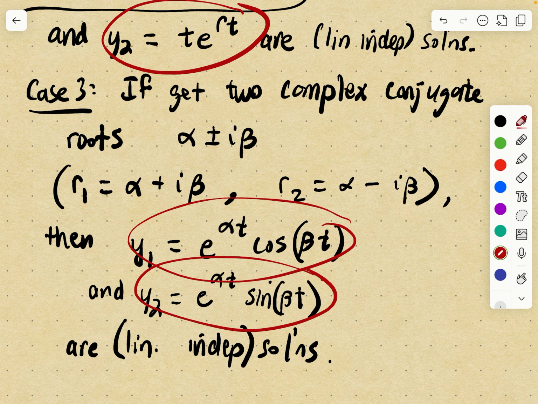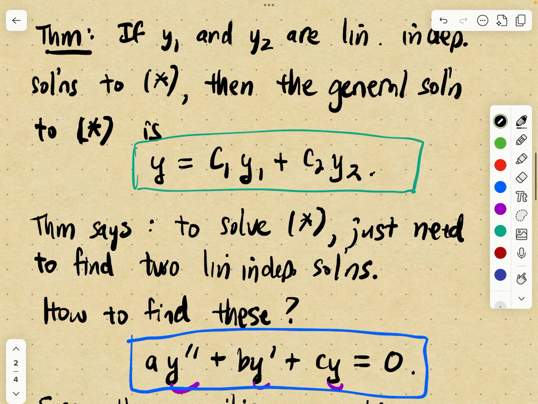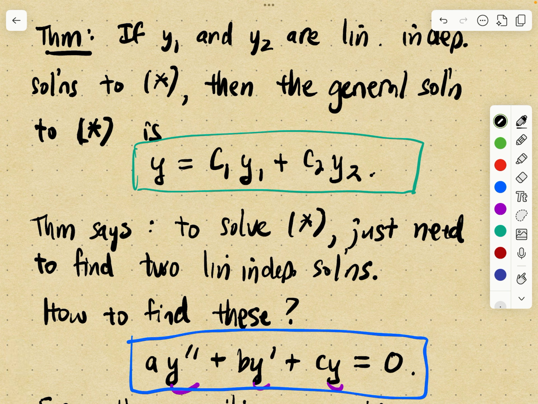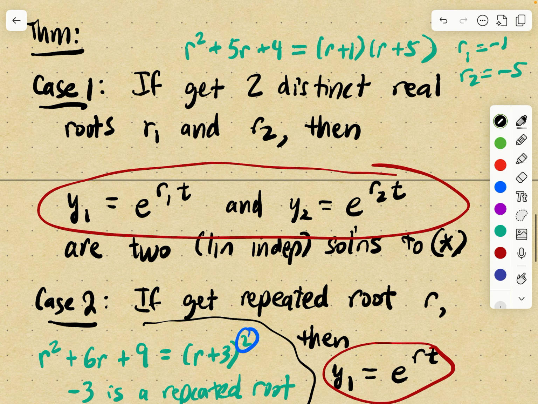And so in all these cases, the general solution, the first theorem that we said, says that the general solution is c1y1 plus c2y2. Okay. So actually, the second theorem is not that hard to prove. You just plug in. Remember, to check whether these are solutions or not, you can just plug them in and check that they satisfy the equation.